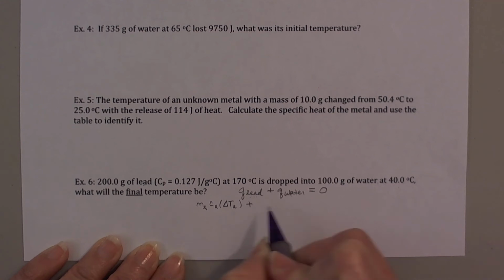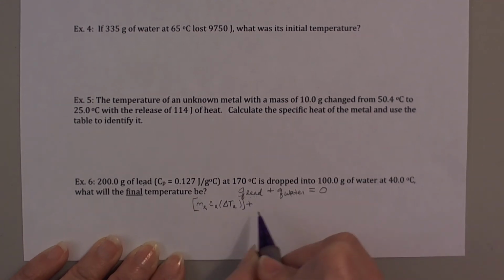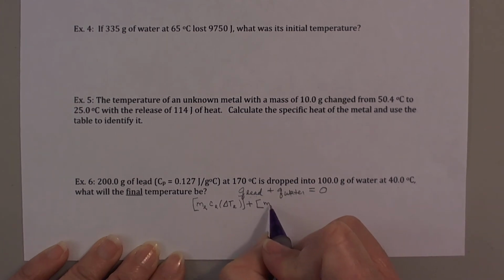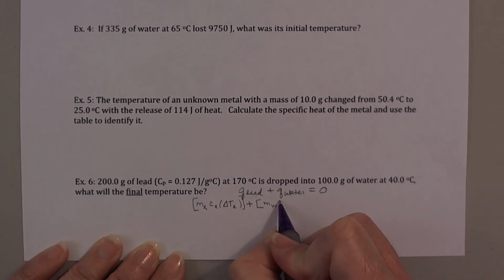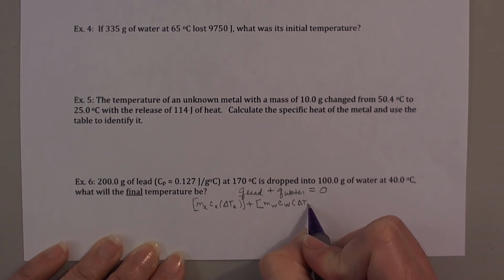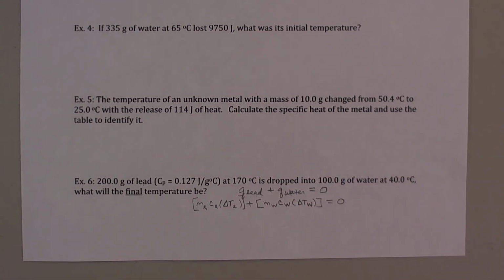We're going to add to that, so let's put this in brackets because that's all one number. We're going to add to that the Q of the water. We can substitute our mcat equation for water in here. So the mass of the water times the specific heat of the water times that change in temperature for the water, that all equals 0.